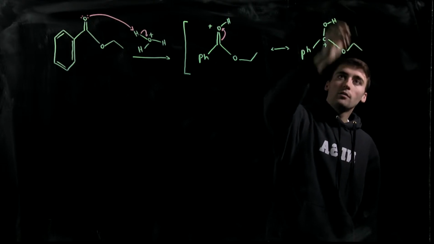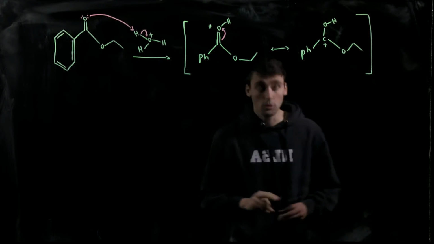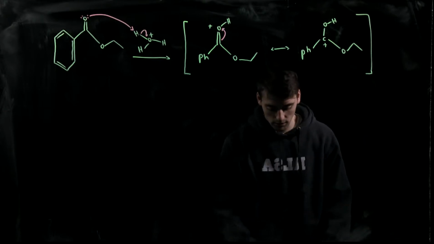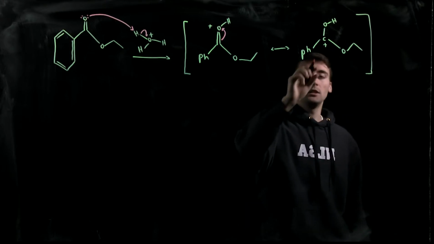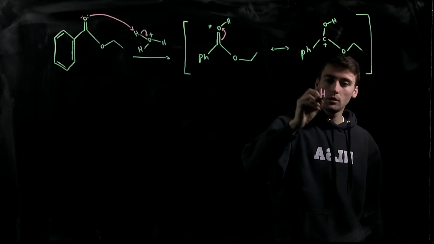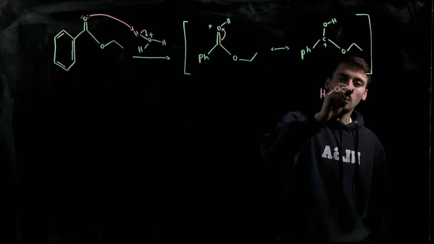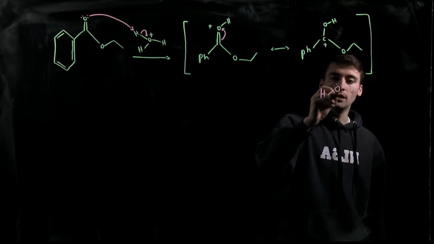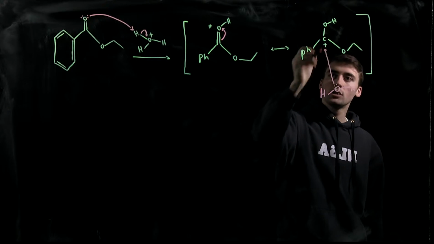And from there we want to proceed with the mechanism using the second resonance form that we drew. So we're going to attack the carbon with a water molecule, and the lone pairs on the oxygen immediately attack the positive charge.